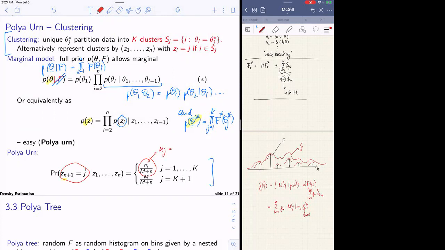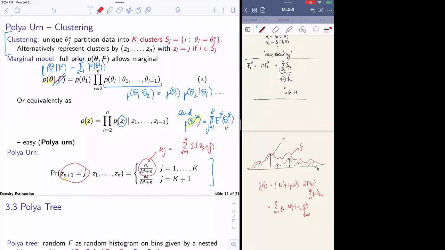In plain English, n_j is the size of the j-th cluster. Formally, I can write it as the summation i equal 1 to n of the indicator that s_i equals j.